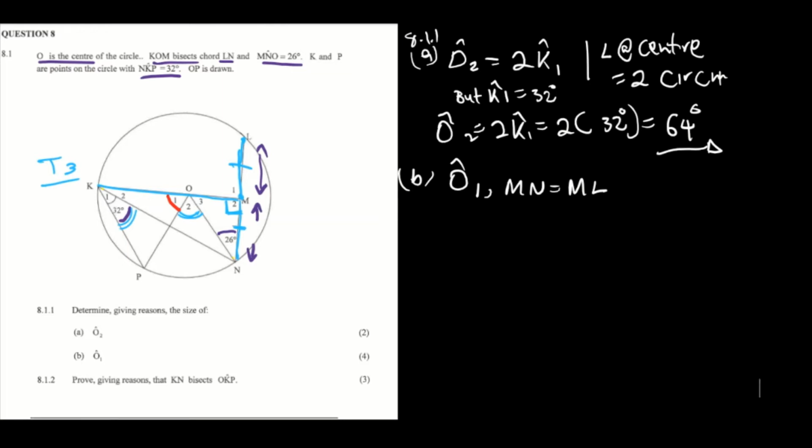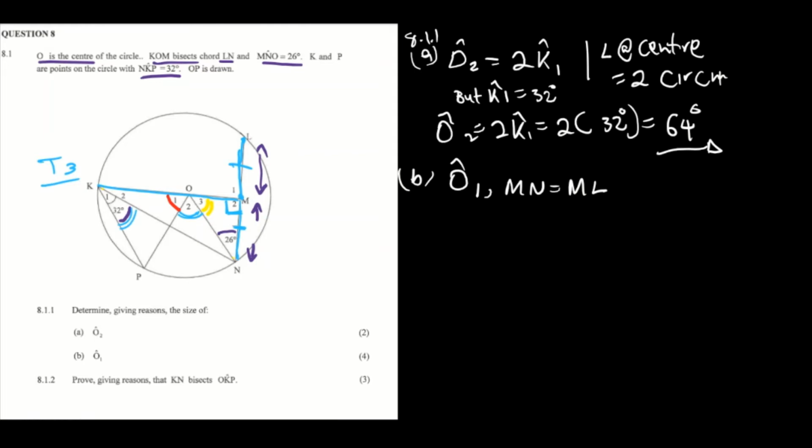So we first need to find this angle here, because we already have angle O2, and finding O3 will then use a straight line to find angle O1. Right, so let's first find angle O3.